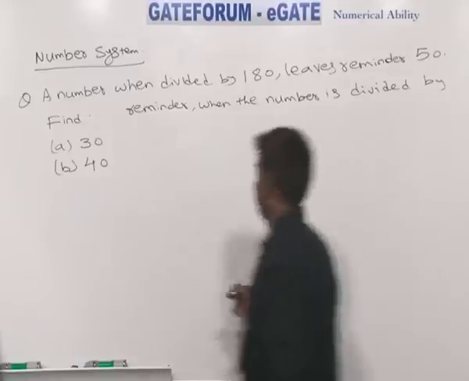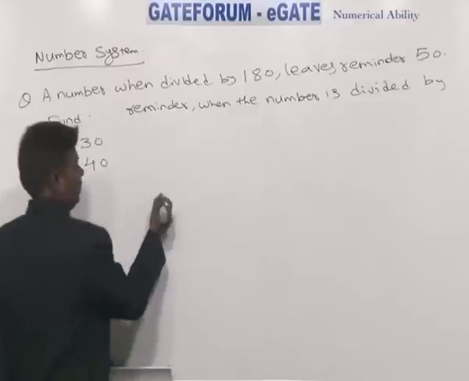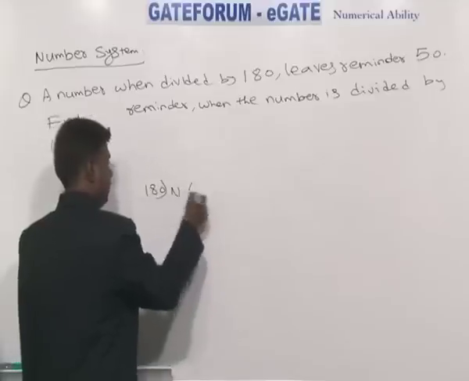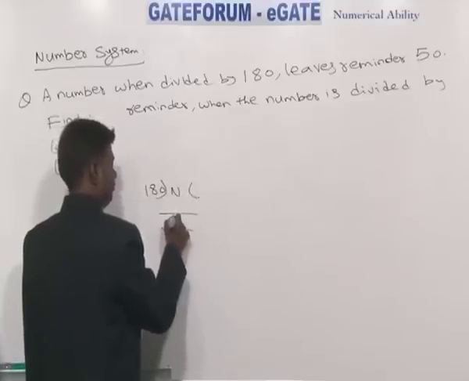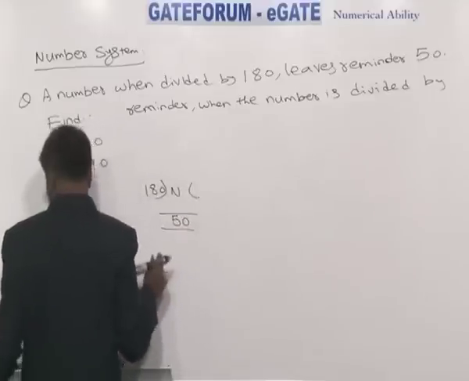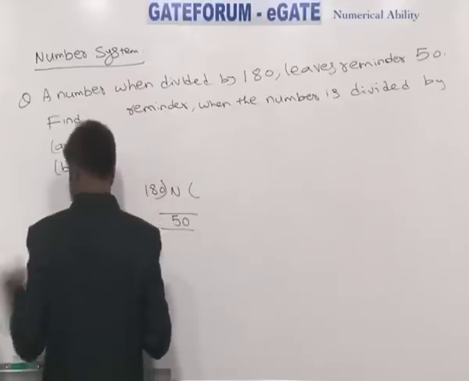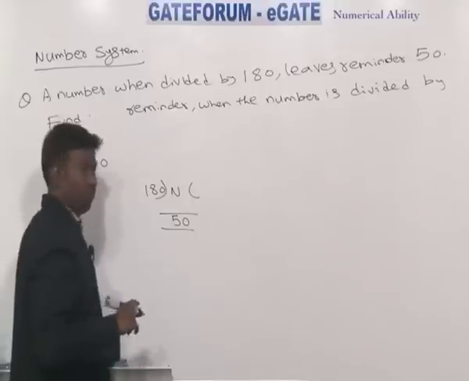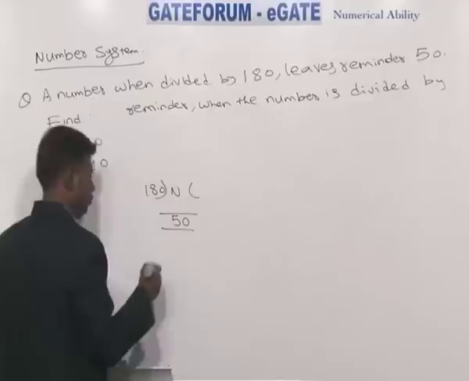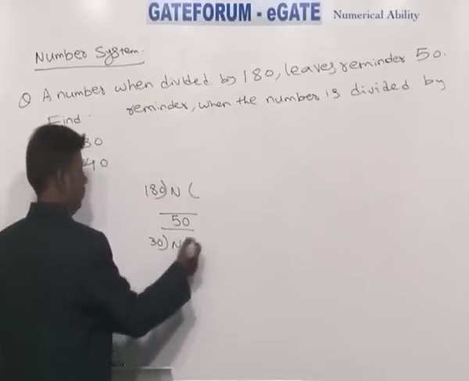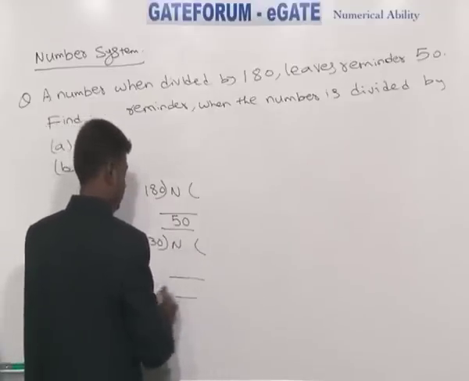Okay. What is given? A number when divided by 180 leaves remainder 50. You want to know if the same number is divided by 30, what is going to be the remainder?